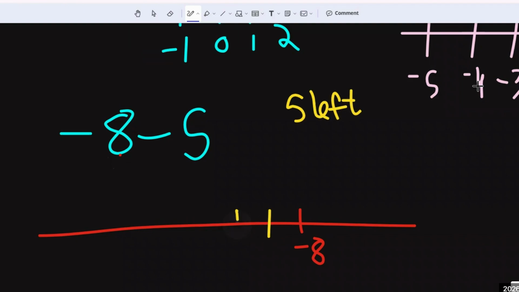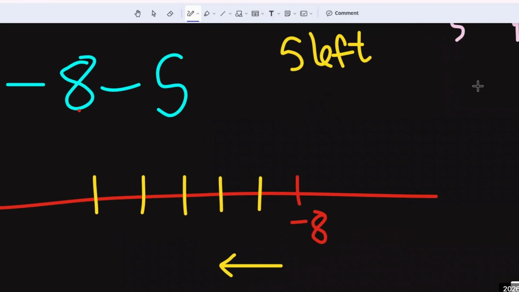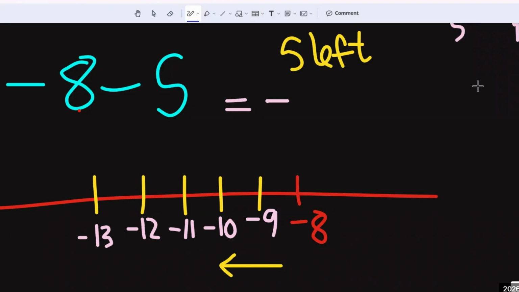So 1, 2, 3, 4, 5. I'm just moving 5 digits to the left-hand side. Before the -8 the digit is -9, and then -10, -11, -12, -13. So that's why your answer is -13.